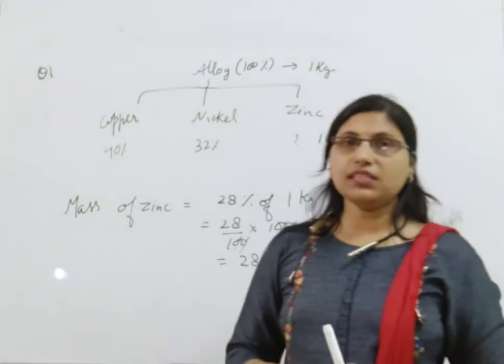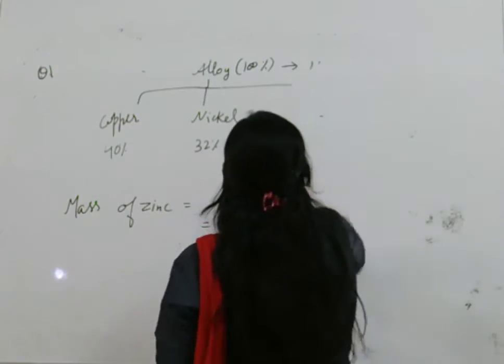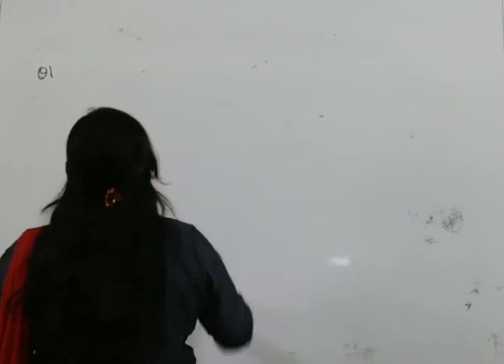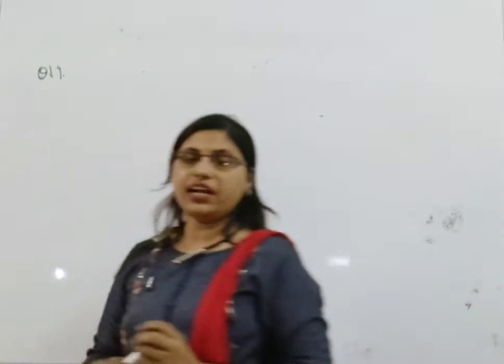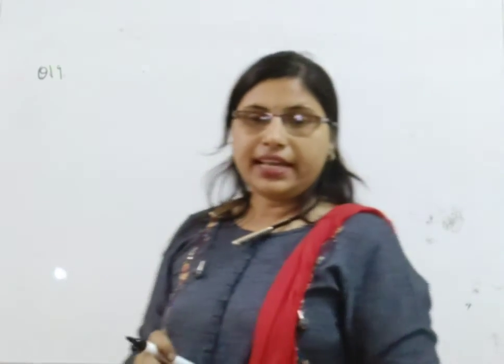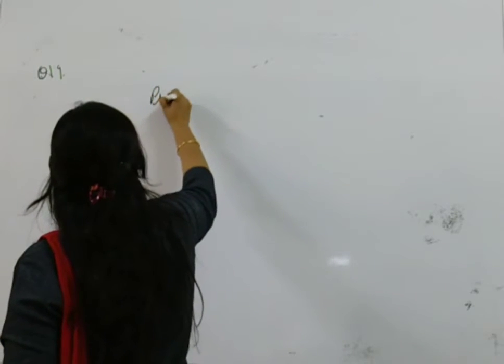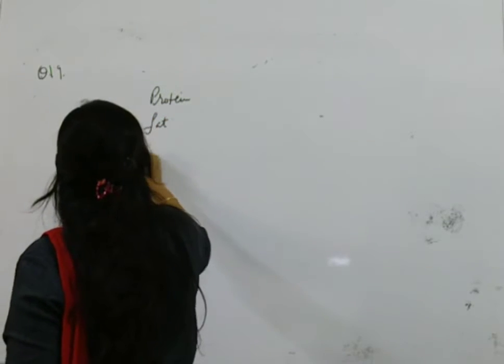The same process is there to do question number 19. In question number 19, we are talking about a diet. In that diet, what is there? Protein is there, fat is there, and carbohydrate is there.